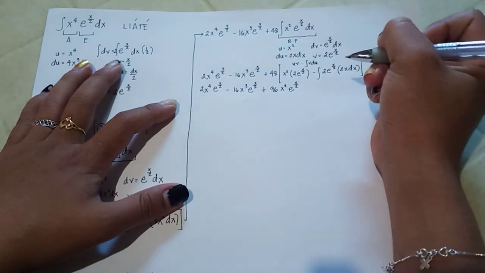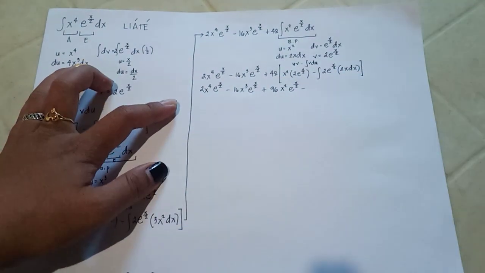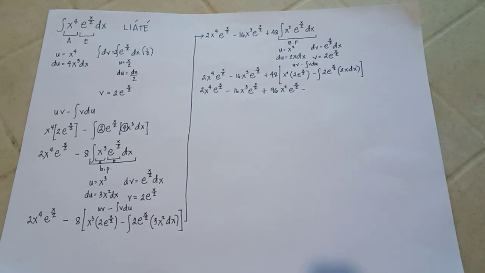Then distribute again 48, that's 48 multiplied by 2 multiplied by another 2, so that's 48 by 4.